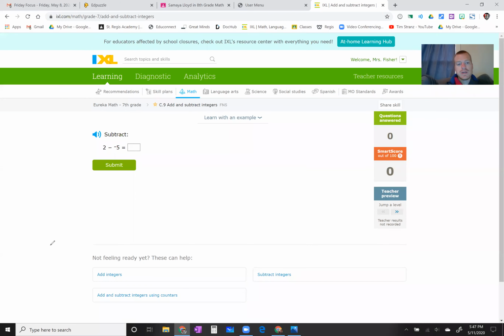Okay, so we got 2 minus a -5. So just picture this number line again. Here's our 0. We're starting at +2. Okay, it says subtracting a negative. Remember that. So whenever you see subtracting a negative, whenever you see 2 negative signs right next to each other, they become positives.